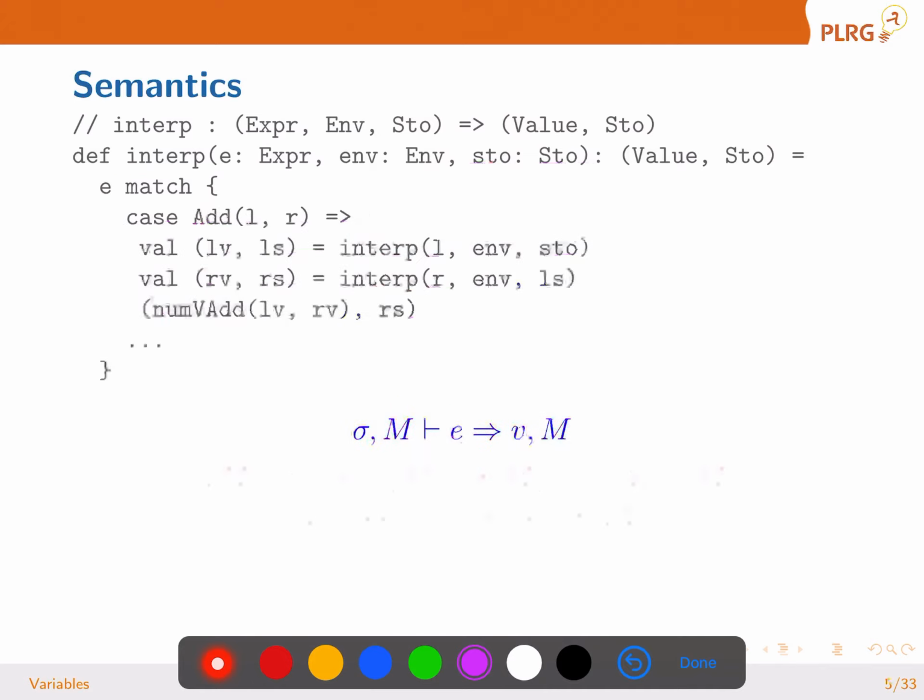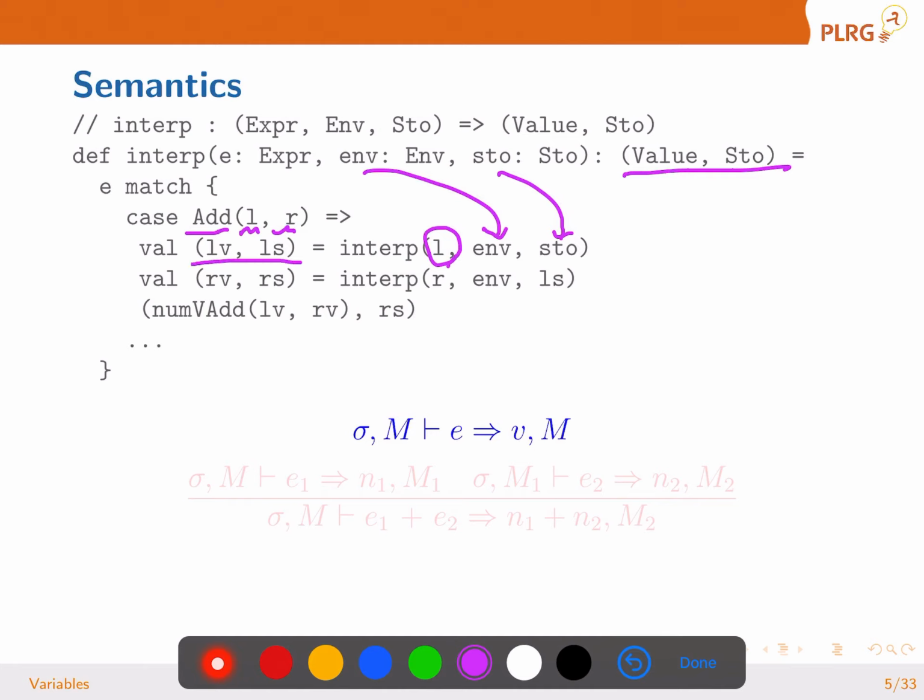What about addition? For addition of L and R, we interpret the first sub-expression under the given environment and a given store, which is going to result in a pair of a value and a store. We interpret the second sub-expression using the given environment and the resulting store from the previous evaluation.